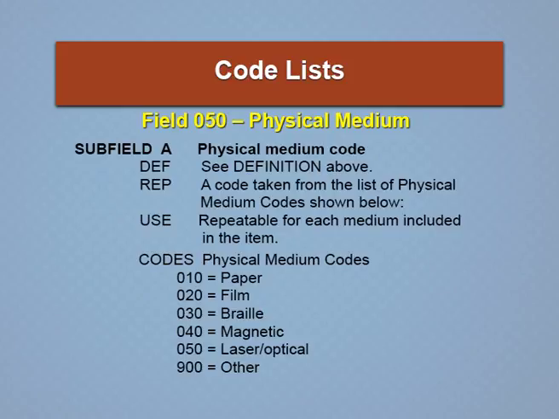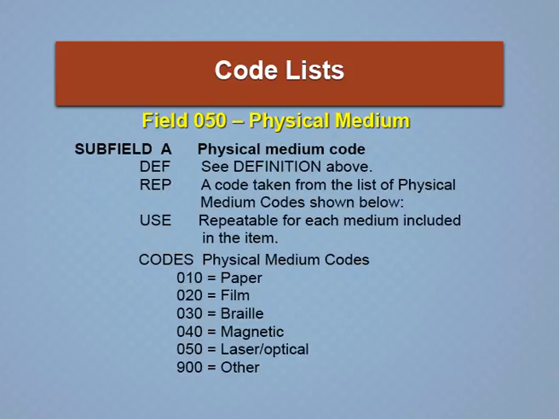For example, if you look at the screen you can see this field 050, physical media, has one subfield called physical medium code. Now, this code is given at the end of the subfield. So, for example, 010 paper, 020 film, 030 braille, 040 magnetic media, 050 laser or optical discs, and 900 others.